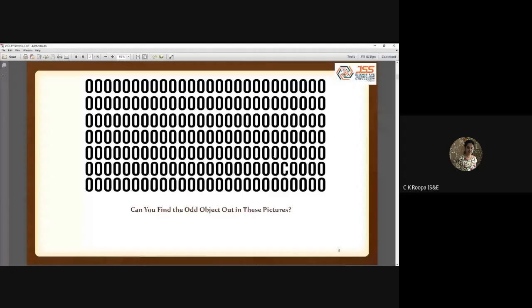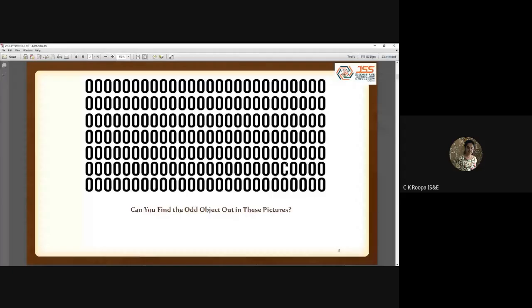Now, with human intervention, especially to handle this kind of image, it would be a very tedious task for any human being to identify the C. Because our matrix is very small in size, we were able to identify the presence of C. But if the matrix, which represents the various pixel information, is large, then it is a very challenging task to find these kinds of odd objects in the patterns.